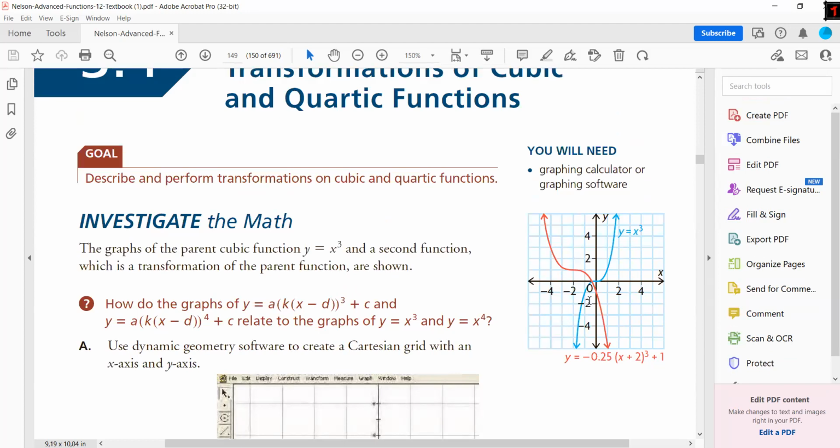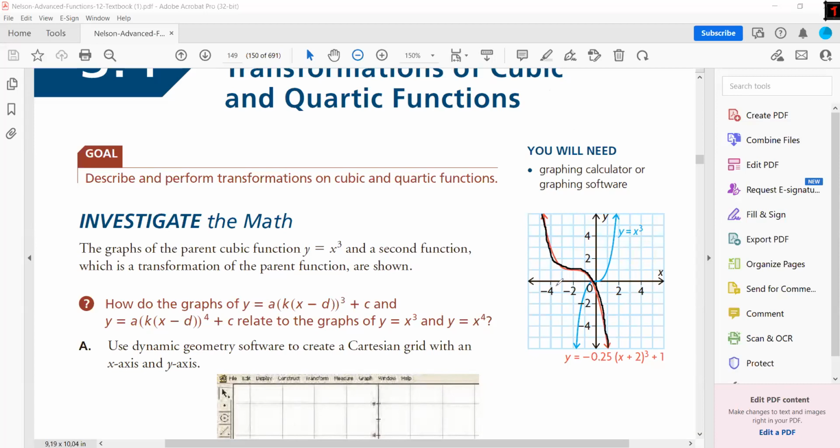You can see that first we had the standard cubic function, where it falls down to negative infinity and rises up to positive infinity, falls down to the left and rises to the right. But the second function we see here has the opposite behavior.